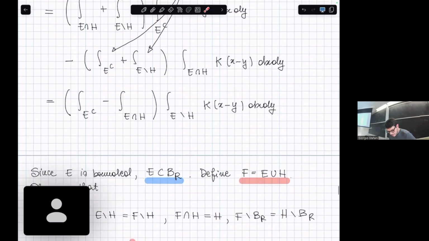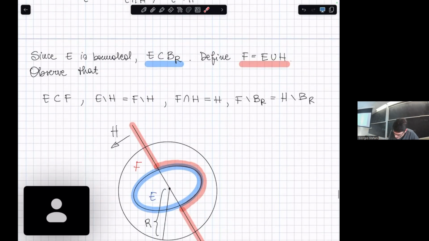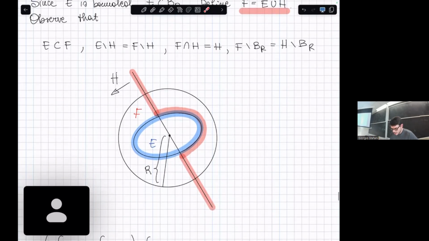So now I have to draw a picture. The set E is always a potato, so it will be inside a round potato, a ball B_R for some R positive. This depends on the fact that it's simply bounded. And I will consider F as the union of my potato with the half space. So this is the picture.